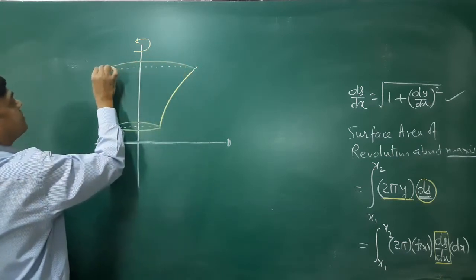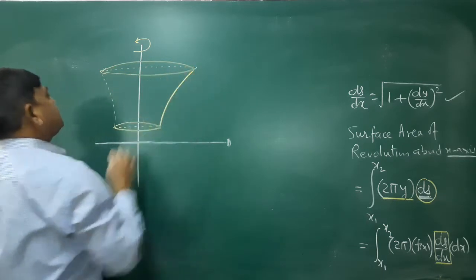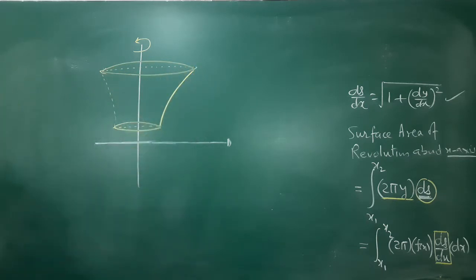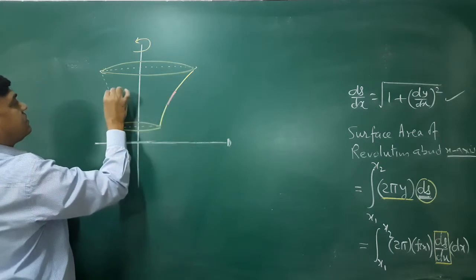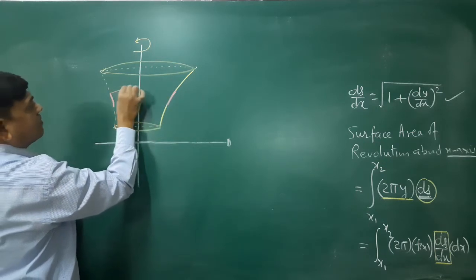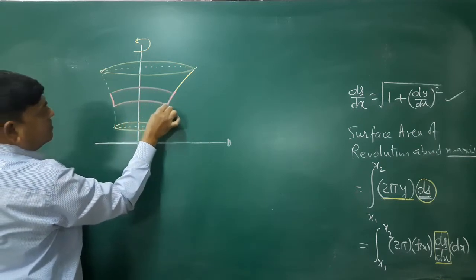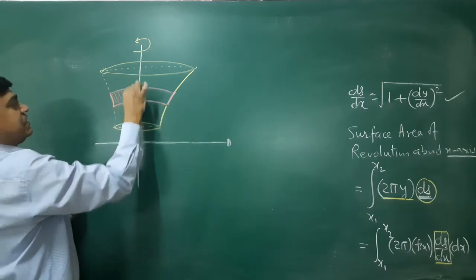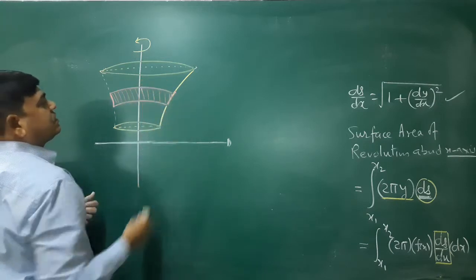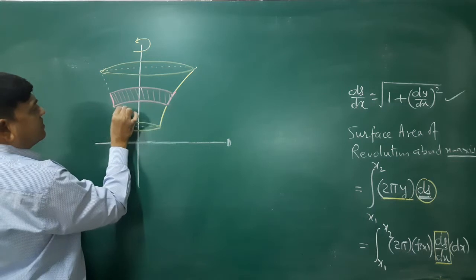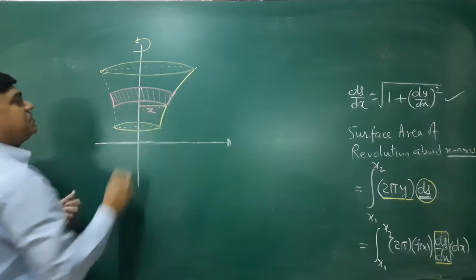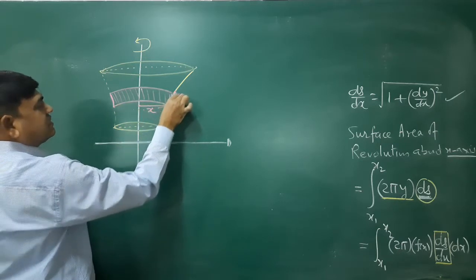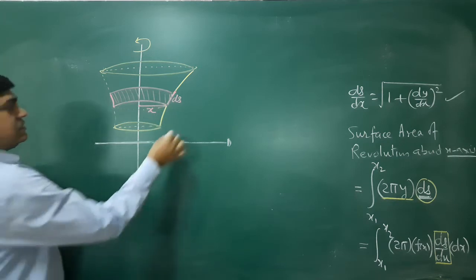You can see this. Suppose I show this pink part. This is the strip, you can see. This one is x, you know that. This is ds.